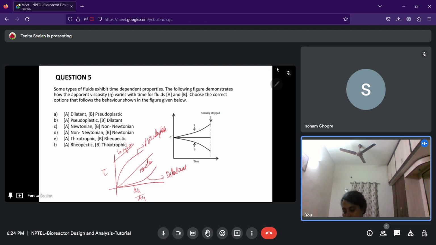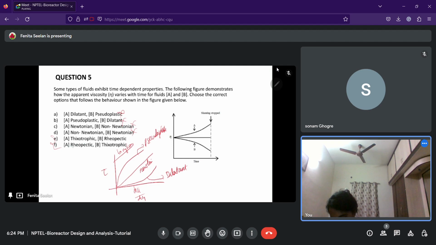We know the graph doesn't even look similar. So it is not this, it is not this, it is not this, non-Newtonian, Newtonian, no. So it would be any of these. So what is thixotropic?